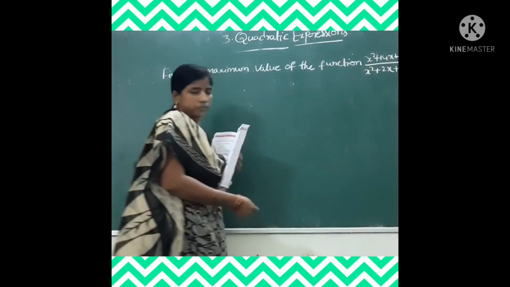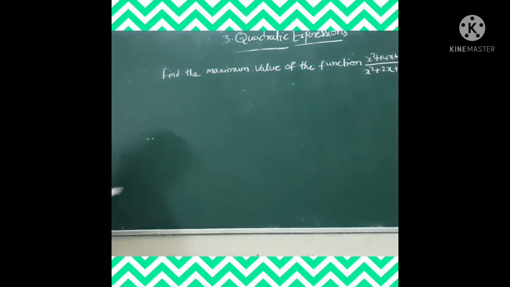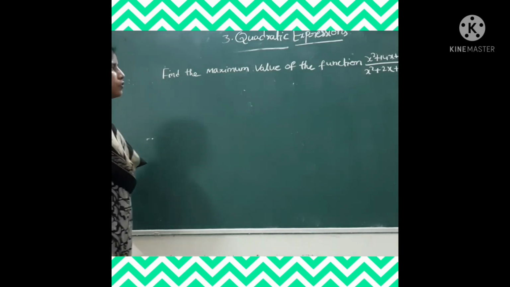Okay, so here first, find the maximum of the function x square plus 14x plus 9 by x square plus 2x plus 3 over all.